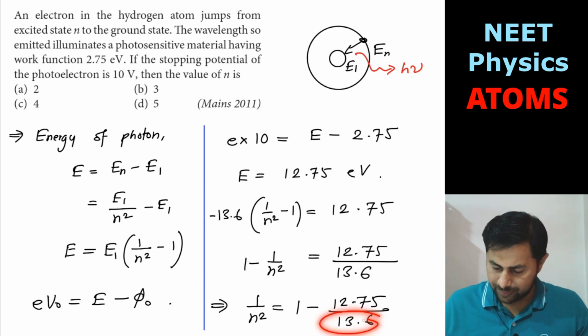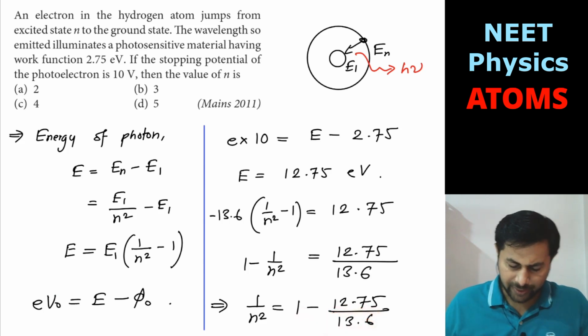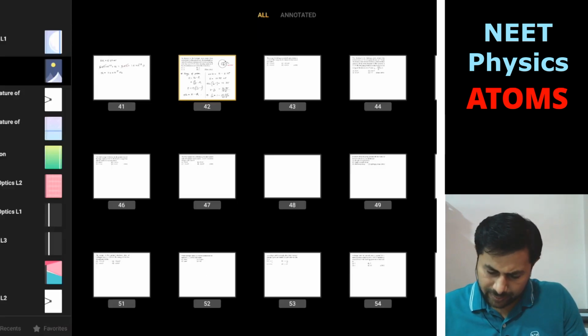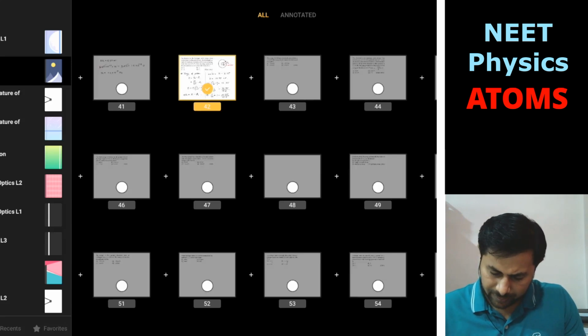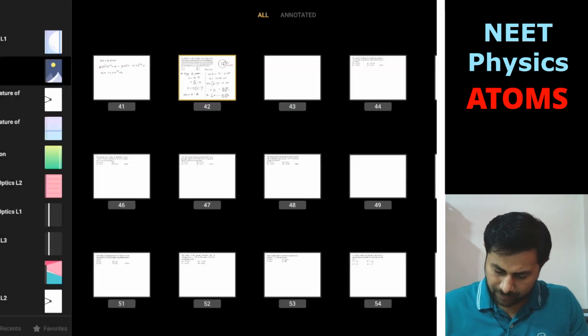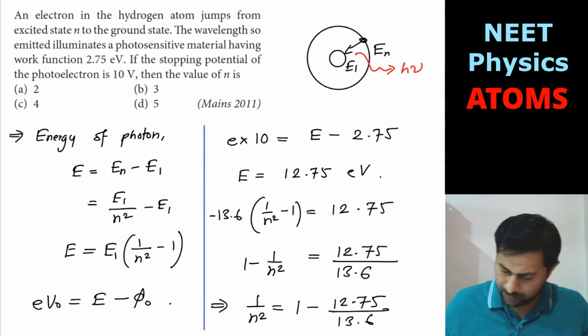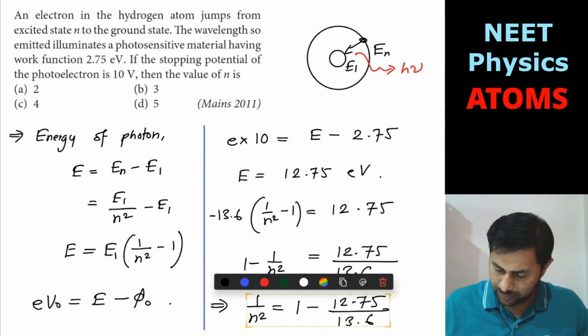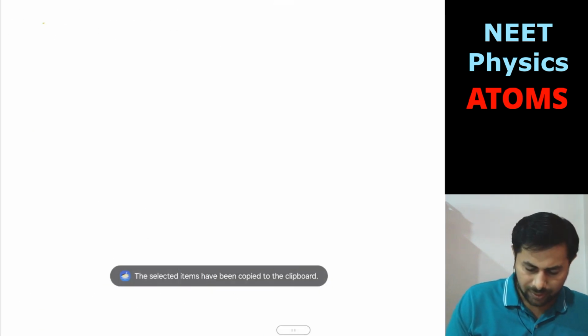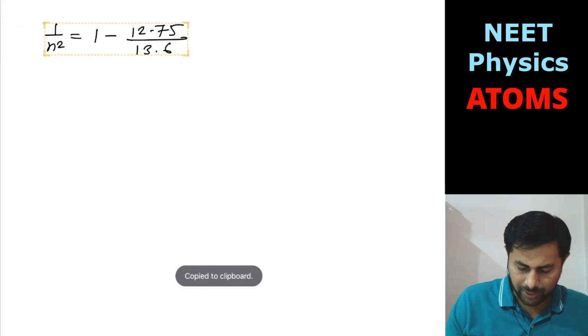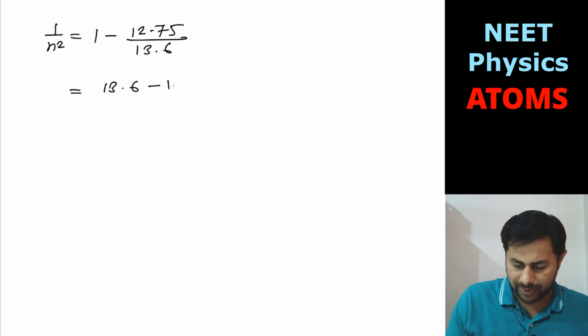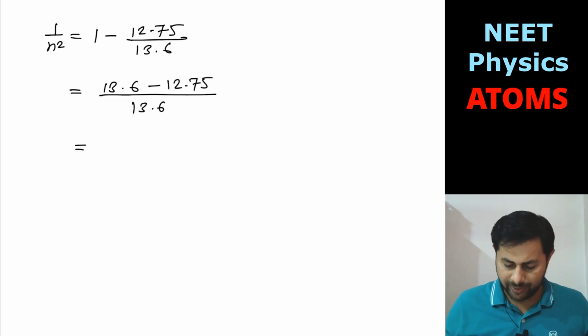And then let's multiply and divide, so we got 13.6 minus 12.75 divided by 13.6, that's equal to 1 by n square.